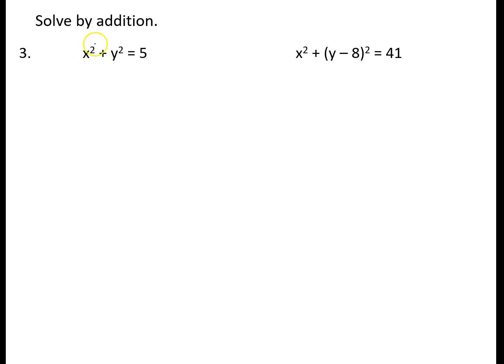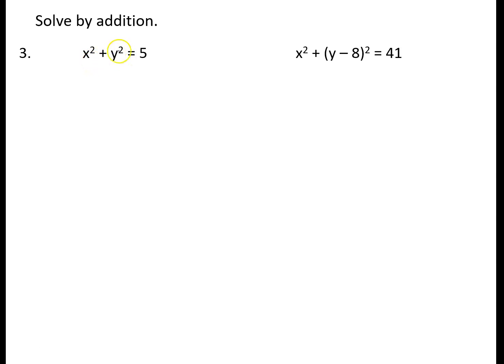So we've got an x squared in both equations. We've got a y squared and then a y minus 8 squared. But we do have variables on one side, constants on the other. So that's good. It's in the right form. Now, when we try to think about which variable we want to eliminate, we would definitely want to choose the x squared.